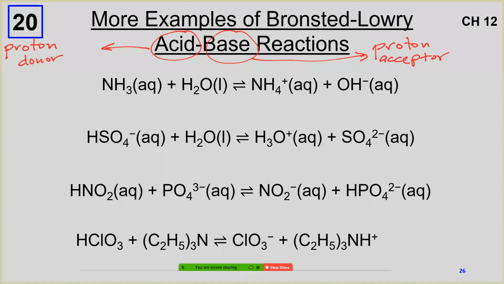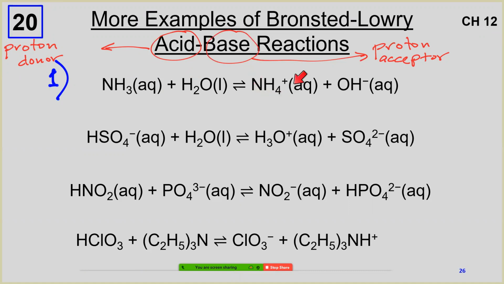So here are a few examples of Bronsted-Lowry acid-base reactions. There's a total of 4 here. Let's try to determine which one is the Bronsted-Lowry acid and which one is the base. The first chemical reaction is between ammonia and water. What happens to ammonia after the reaction with water?